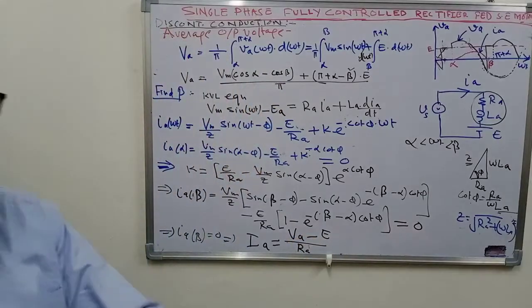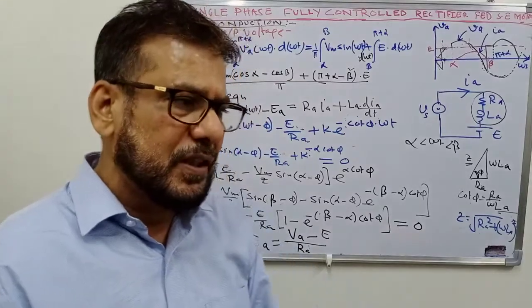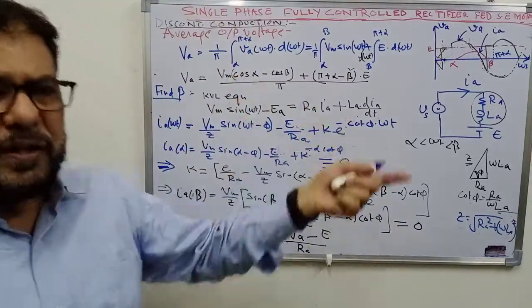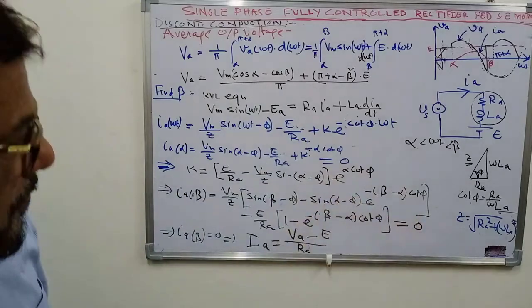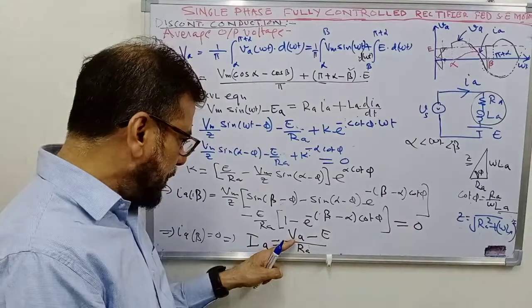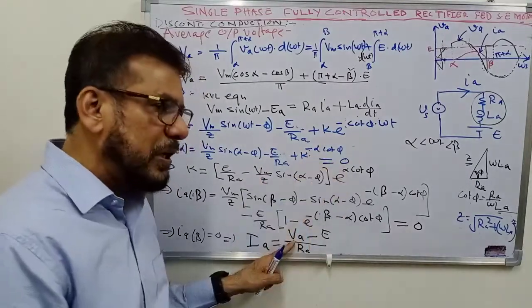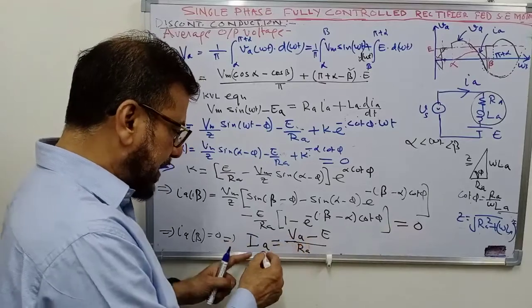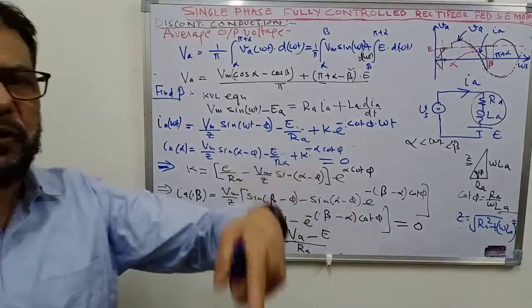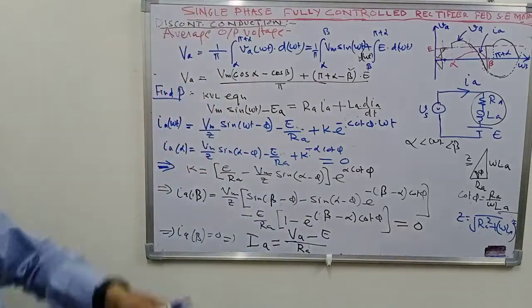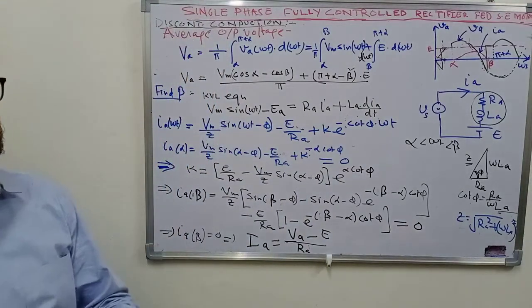So there will be two types of problems. In one type of problem, if speed is given, you have to find out the torque corresponding to this speed. If speed is given, you know the value of E. You obtain the value of beta and you find the value of VA. So knowing VA and E, you can find the current. Knowing current, you can find the torque. Or in the other type of problem, torque is given, you have to find the speed.